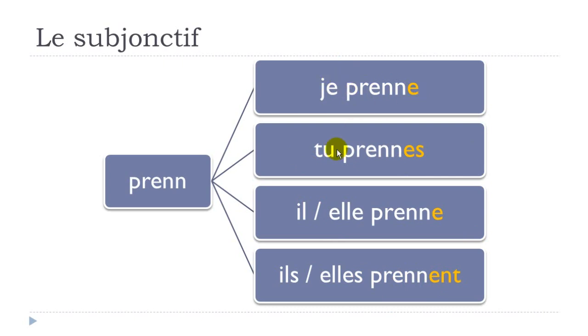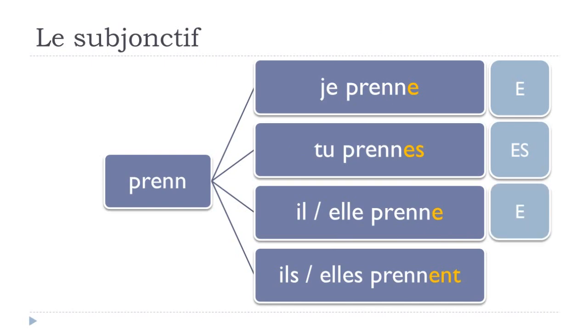It is exactly the same form, so we pronounce it the same way, but of course, as usual, we write it differently, okay? So keep in mind that the ending for je is e, for tu is es, for il, elle is e, and for il, elle in the plural form is ent, okay?